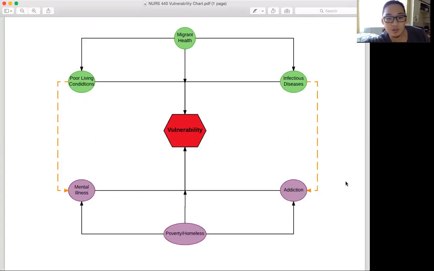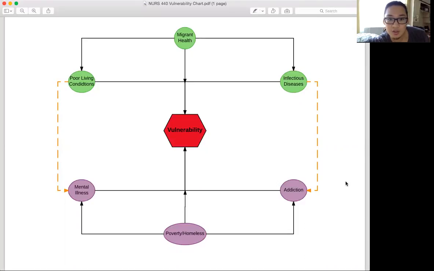These all lead to health vulnerabilities. The poor living conditions leave them susceptible. Infectious diseases are more apparent due to lack of health care and preventative services.